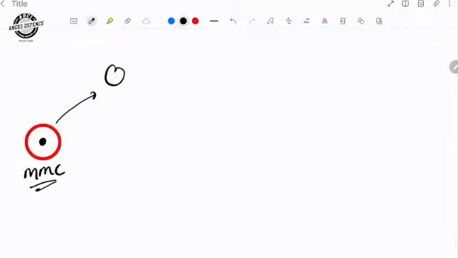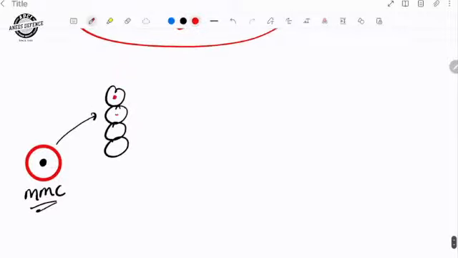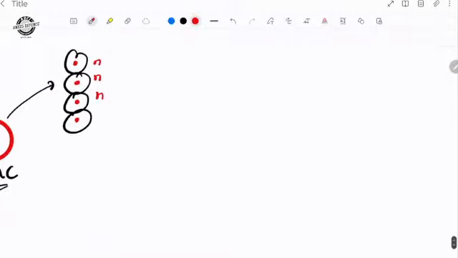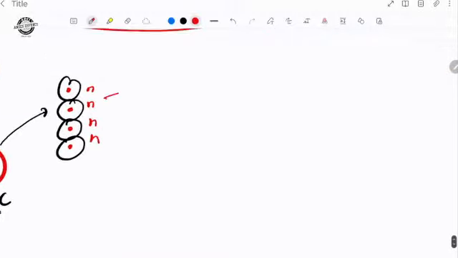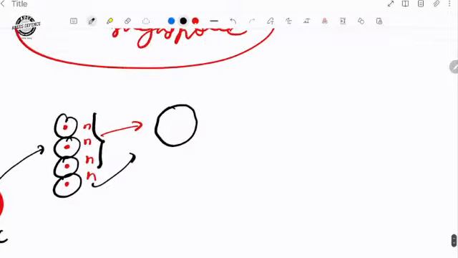This is going to form four haploid megaspores. All are N, N, N, N. Understood? Three of them are going to disintegrate. Only one is going to be functional. Okay.